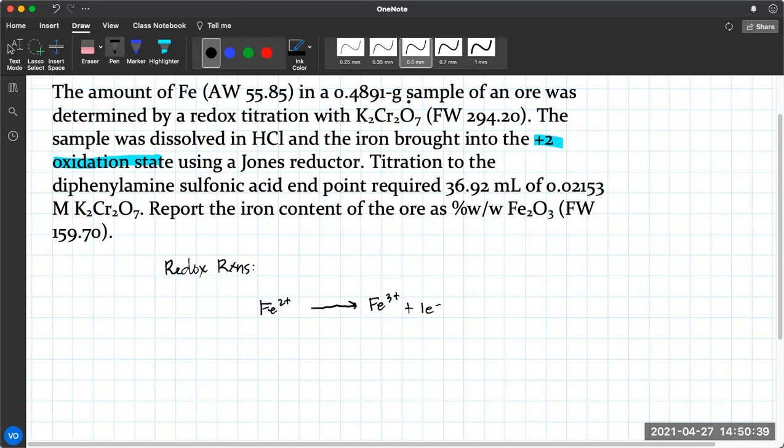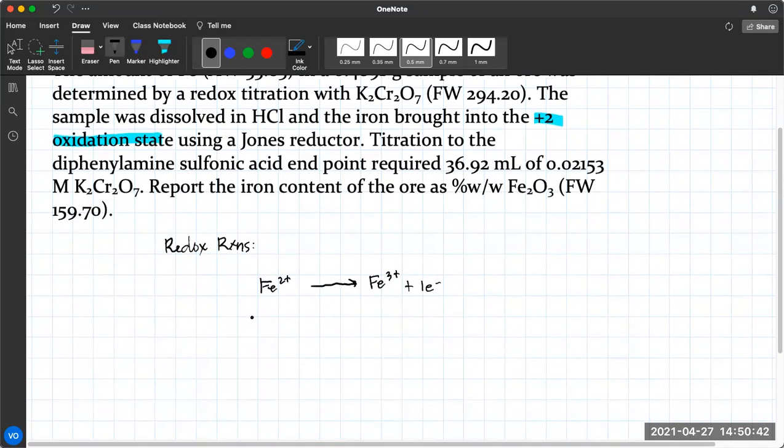Next, the dichromate. In acid solution, your dichromate will be converted to chromium 3+. Again, using the ion-electron method to balance this reaction, we first balance the number of chromium. You have 2 chromium here, so this is ×2. Next, we need to balance the oxygen.